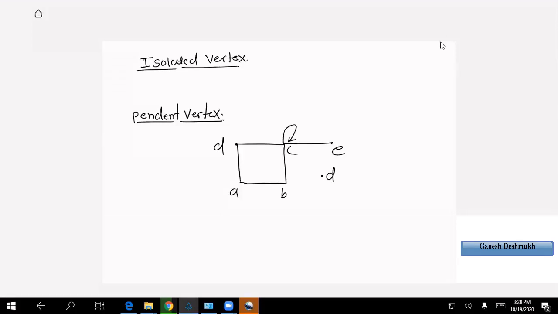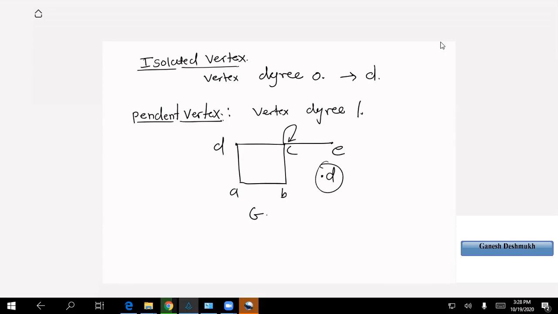So, an isolated vertex is a vertex with degree 0. If you look at the graph G, there is one vertex D whose degree is 0, and hence there is an isolated vertex D in the graph. And a pendant vertex is a vertex with degree 1.